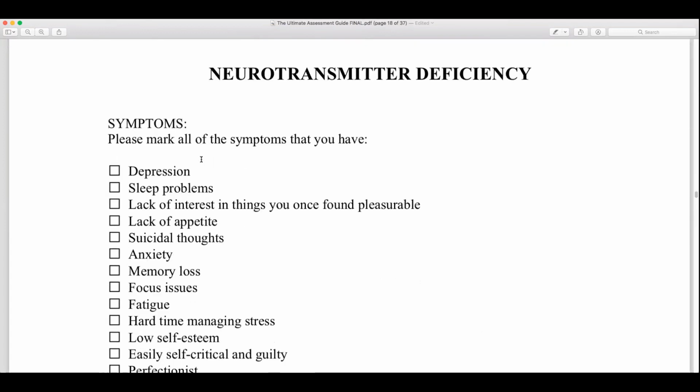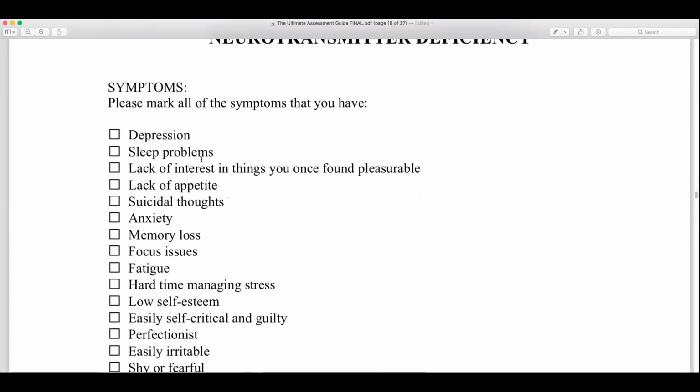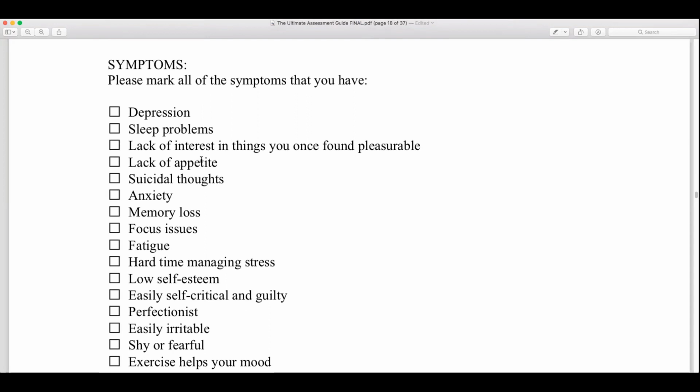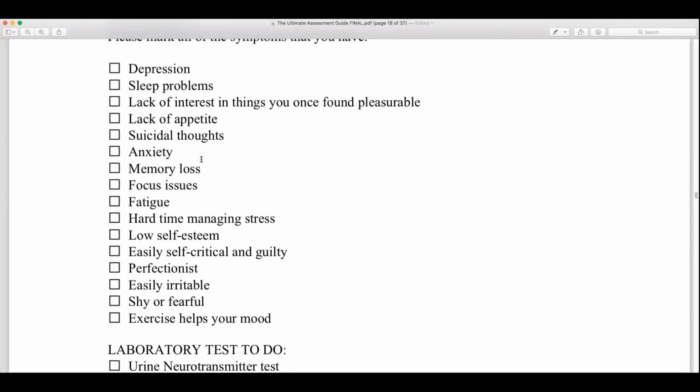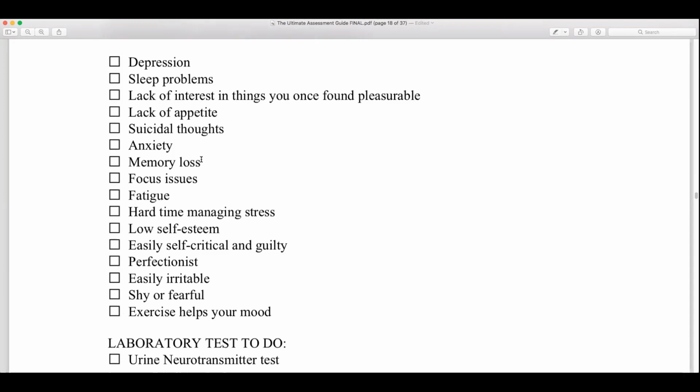So then neurotransmitter deficiency. Please mark all the symptoms that you have. This is depression, sleep problems, lack of interest in things you once found pleasurable, lack of appetite, suicidal thoughts. Those are mainly serotonin deficiencies. Anxiety is more like GABA, gamma-aminobutyric acid.